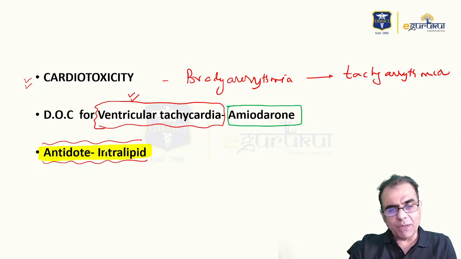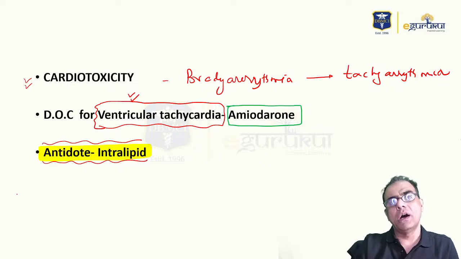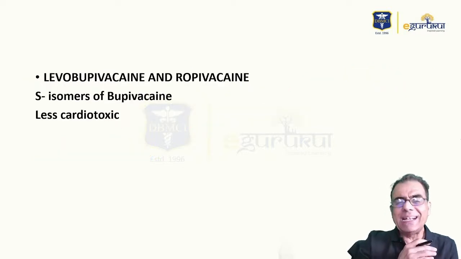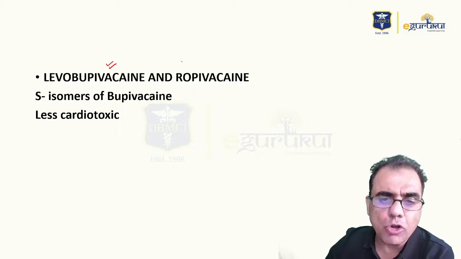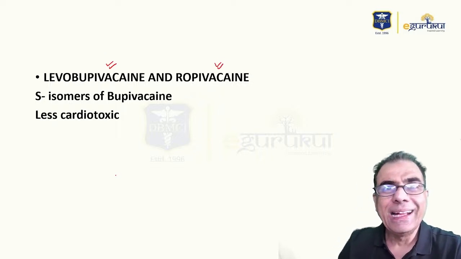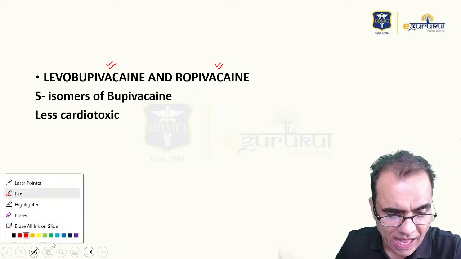So what does this intralipid do? It will just block the active particles or active molecules of bupivacaine. Considering this cardiotoxicity, now we have two isomers of bupivacaine, that is levobupivacaine and ropivacaine.